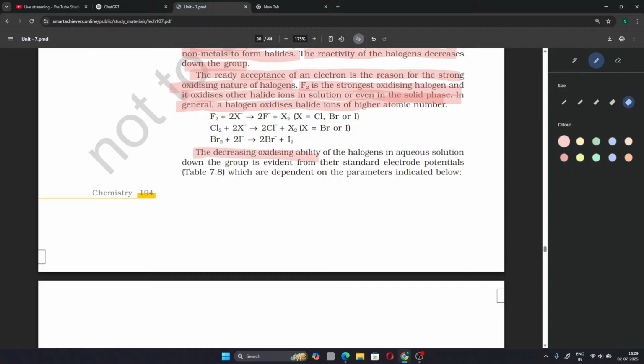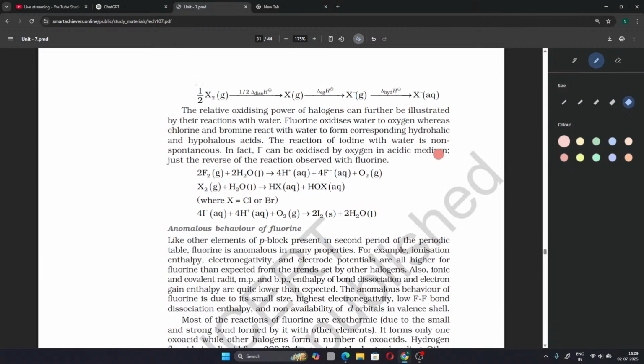The decreasing oxidizing ability of the halogens in aqueous solution down the group is evident from the standard electrode potential, where iodine has the lowest standard electrode potential, depending on the dissociation enthalpy, electron gain enthalpy and hydration enthalpy. The relative oxidizing power of halogens can further be illustrated by their reactions with water.